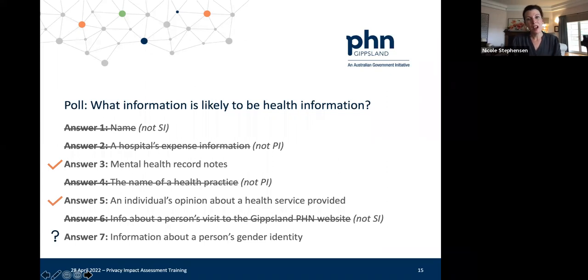What does everyone think? I would say in the case of most PHN interactions with personal information, if a person's gender identity is, say, attached to a health service provider, perhaps a person is transitioning, then you could certainly say that the nature of the person's gender identity is health information in the context.